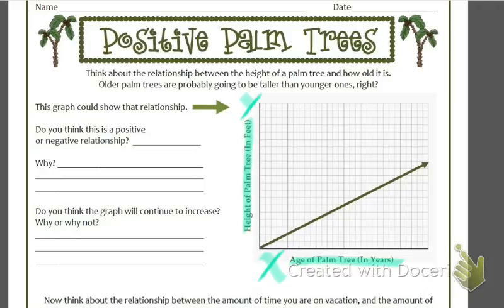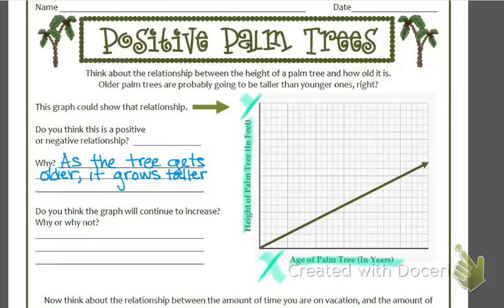The second way I said it made more sense in my head. So as the tree gets older, it grows taller. And both of them are positive. So older is increasing and taller is increasing, so it's a positive relationship.